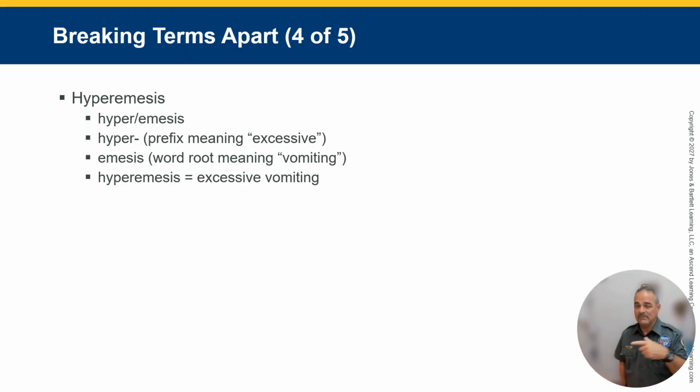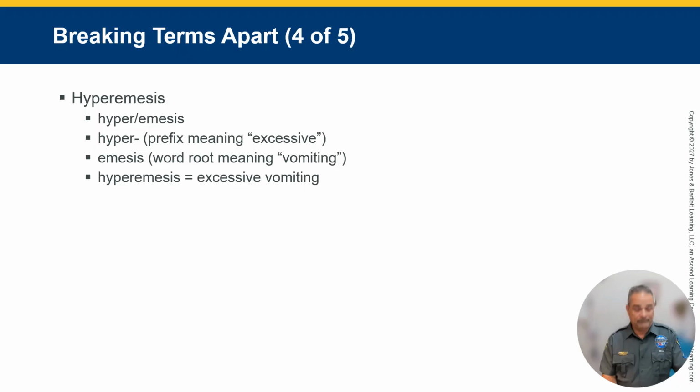The hyperventilation is usually caused by the person manually ventilating somebody. We'll talk about that in airway. But the point of understanding what hyper means and then putting it with emesis, bam, you got it. They're puking a lot. That's just not the way you want to describe that. So they have hyperemesis. You can say nocturnal hyperemesis if they have a lot of vomiting at night. So interesting, huh? Good stuff.